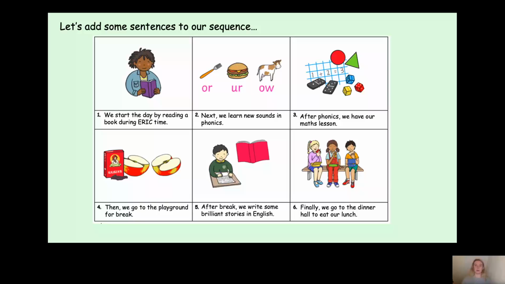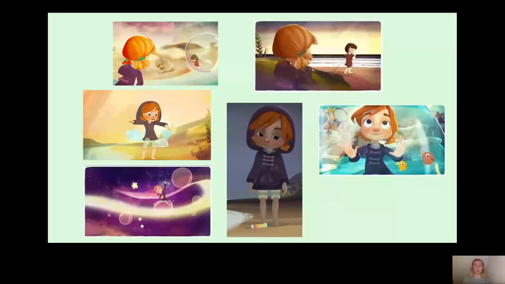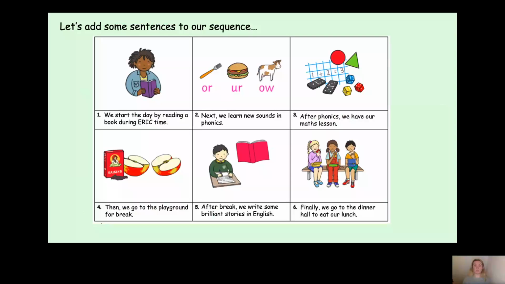Now, on to your task. So we've been looking at the story Bubbles, haven't we? With the little girl Gabby. What I want you to do is, like we did with our mornings at school, I want you to sequence the story.